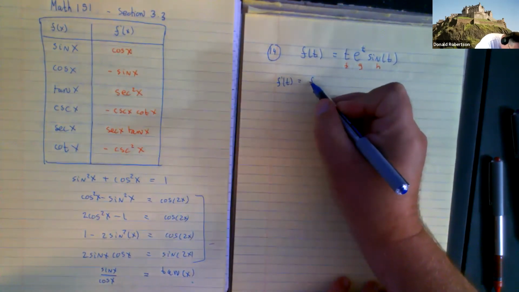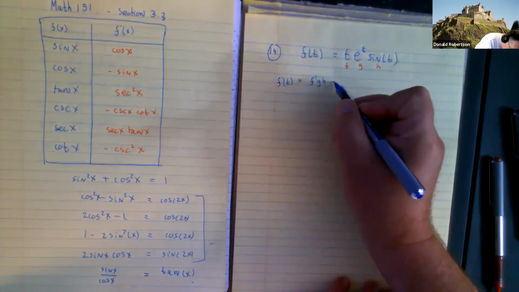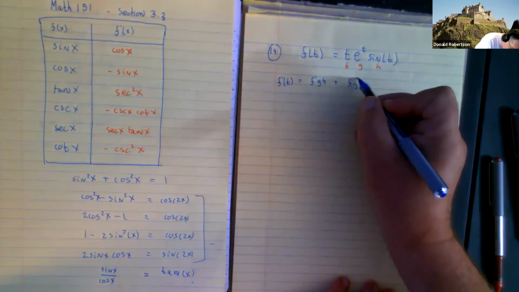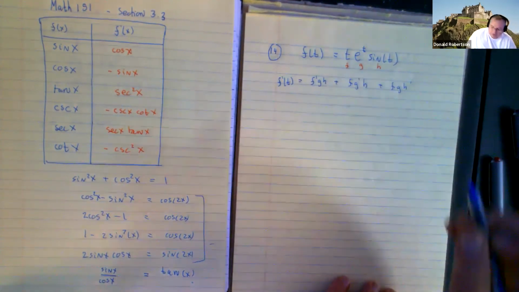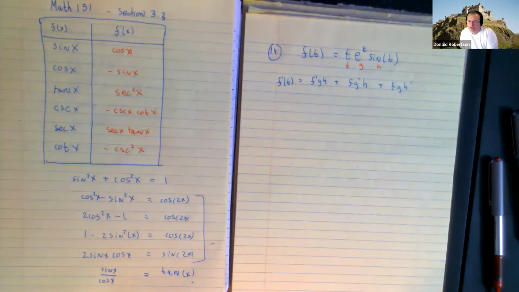So here's the formula. It's F dash GH plus F G dash H plus F G H dash. Could you imagine that you could continue that for four things multiplied together? Or five things, not that you've ever seen them, but you could.